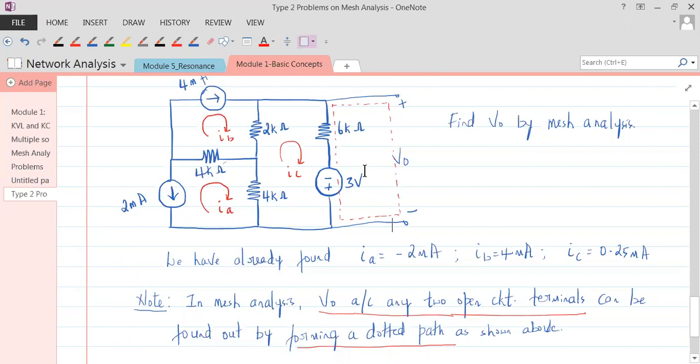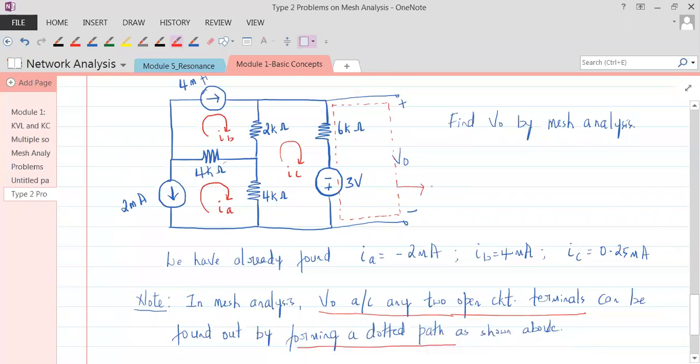So since it is not a closed path, I'm not supposed to refer to it as mesh or loop. Get that point? Mesh or loop can only be mesh or loops when they are closed paths. But this path is not a closed path. That's why I'm very particularly saying this is a dotted path, mind you. Okay, this is a dotted path, not a mesh or a loop.